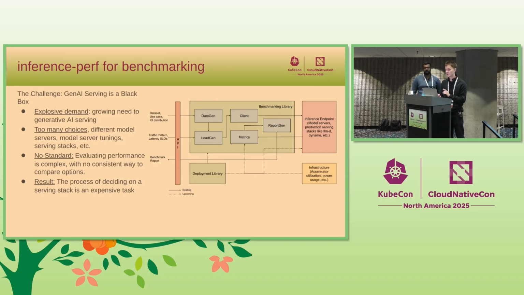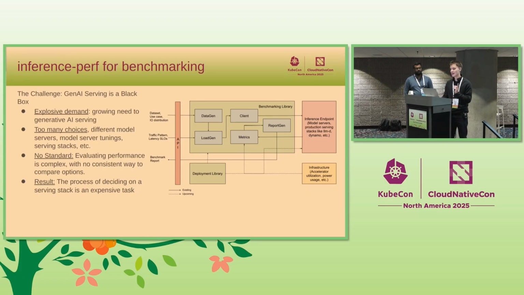Given that we're seeing explosive demand for generative AI serving solutions, and there are a growing number of choices for model servers, tunings, and serving stacks, the thing that we identified was that there's no clear standard way to evaluate performance, which makes it complex to compare options. So the result is that deciding on a serving stack is a very expensive task.